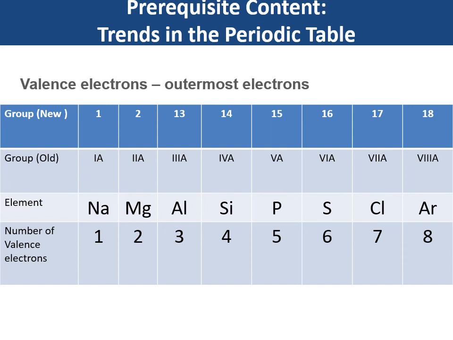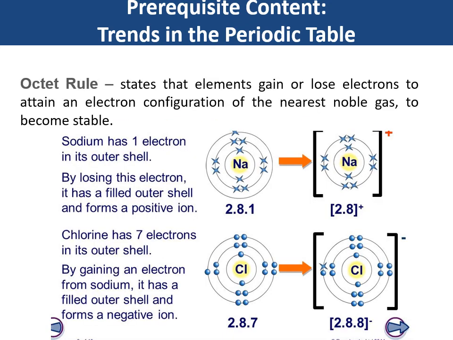Okay. We also have here, okay, the valence. Ito yung tinatawag nating diagram on the valence electron or outermost electrons. Yan. Pakitignan. Next one is octet rule. Okay.